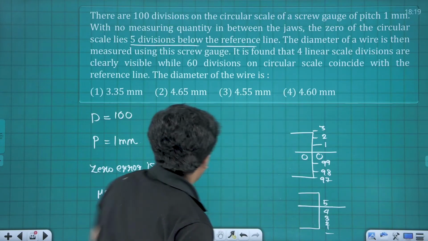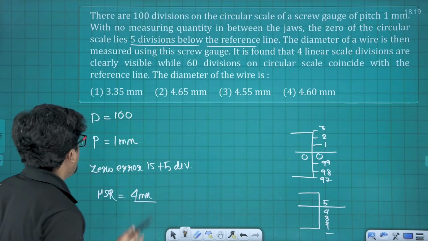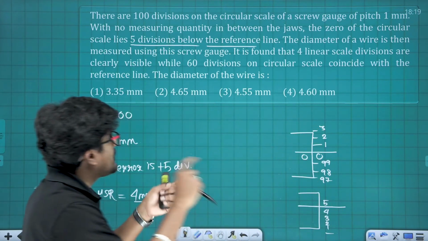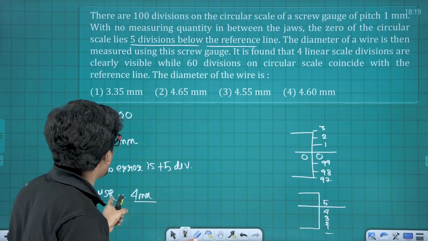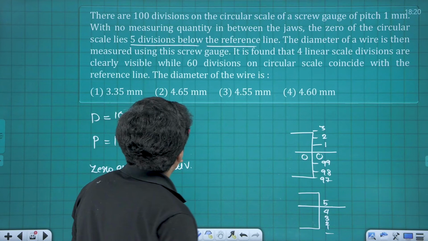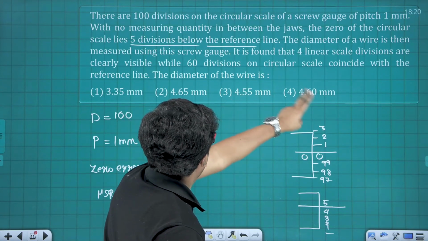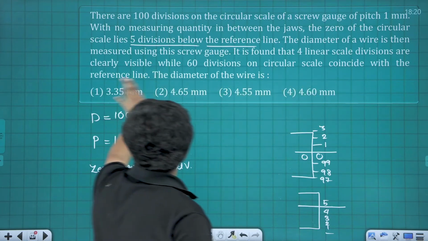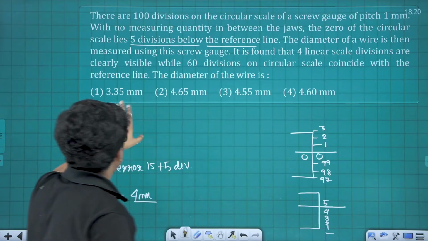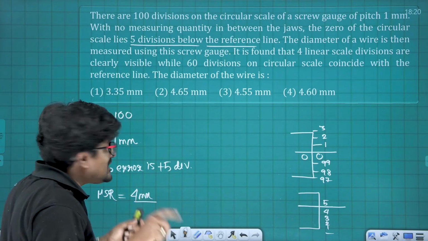That is equal to 4 mm, because here the pitch is marked as 1 mm. So 4 mm is the main scale reading. The 60th division is coinciding.